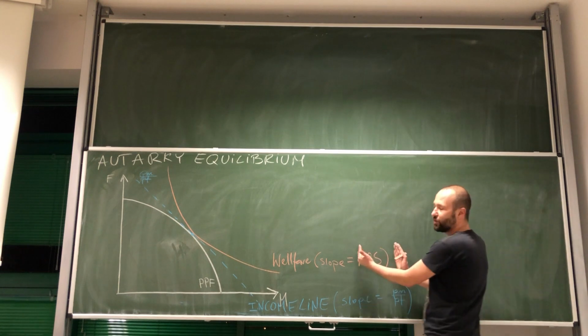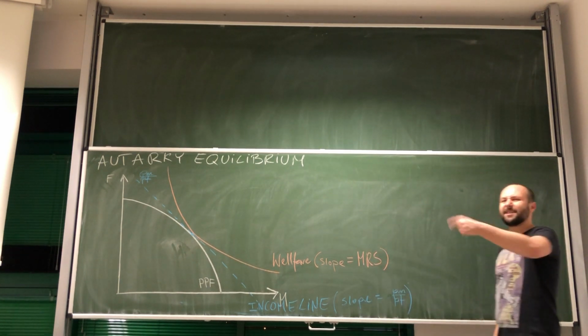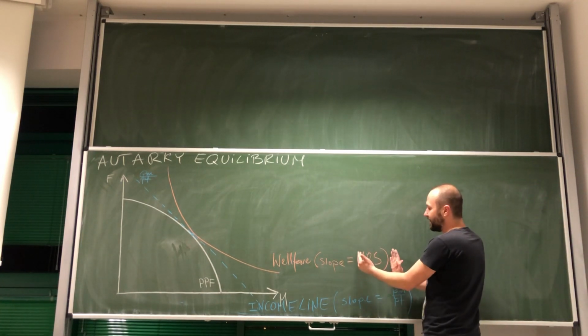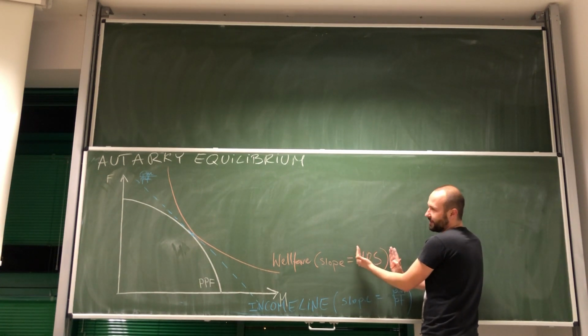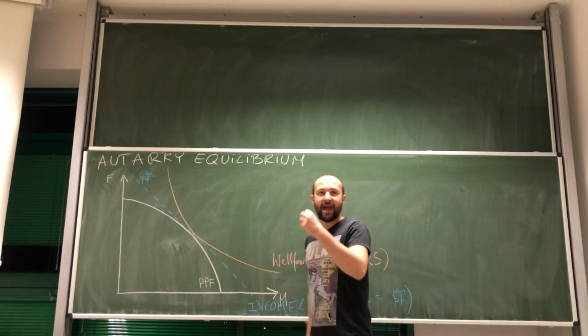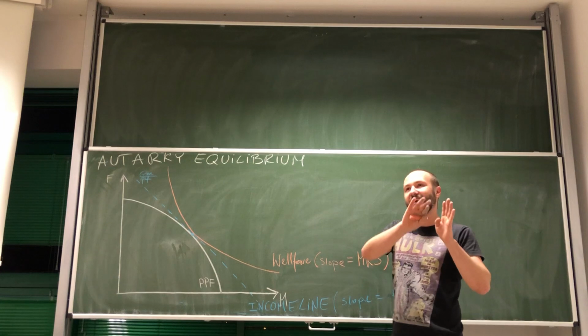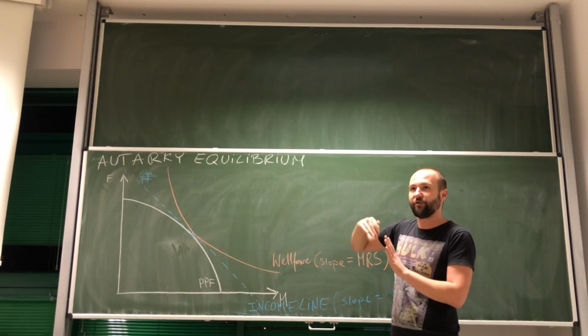Because remember, when we had the marginal rate of substitution, it had a minus up front, right? The marginal rate of substitution is created by imposing an absolute value, because it would be negative, of course: if I'm having one more unit of one good, then I need to decrease the number of units of some other good.